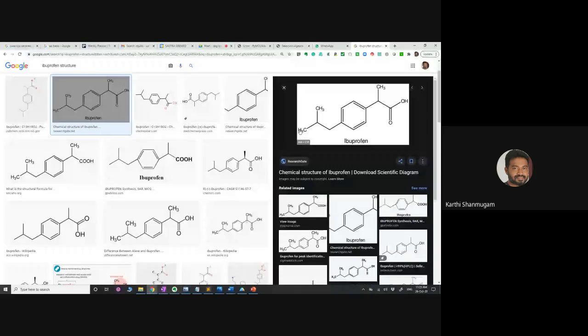CH3, CH3, CH2, which is attached to one of the carbons of the benzene ring C6H5. Then we have CH3 and the COOH acid group.